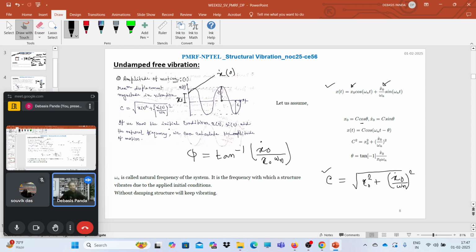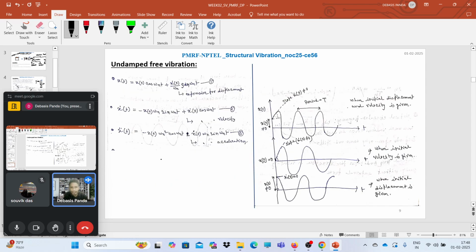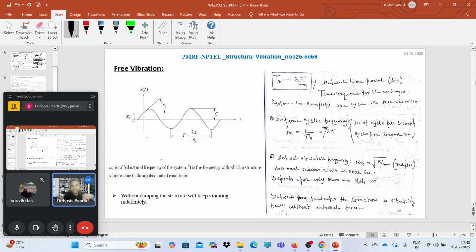Now, what I already said, omega n is called the natural frequency, or more precisely, the natural circular frequency. That means the frequency at which a structure vibrates due to the initial conditions, free from external loading.